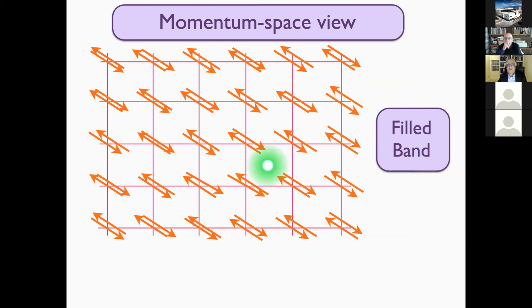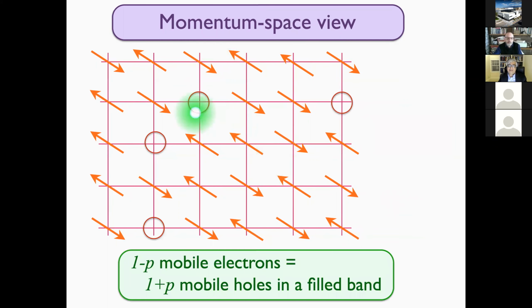So if you started with 2 electrons per site and took a momentum space view, this configuration with hole density P is really in momentum space hole density 1 plus P, because you have one hole on every site as it is, and then you took a few more. So this, in Fermi liquid terms, is a system with 1 plus P holes.